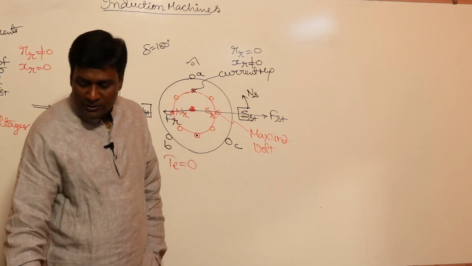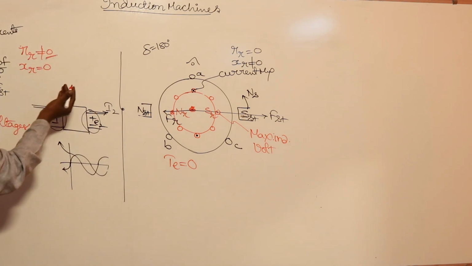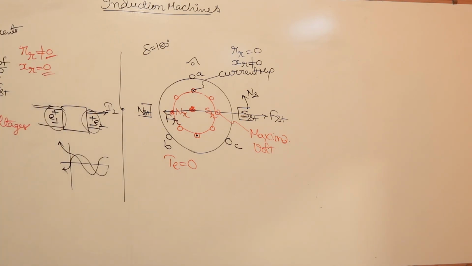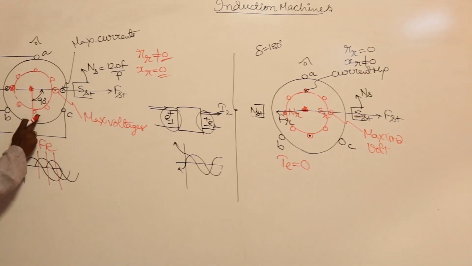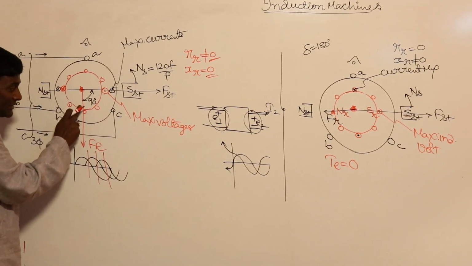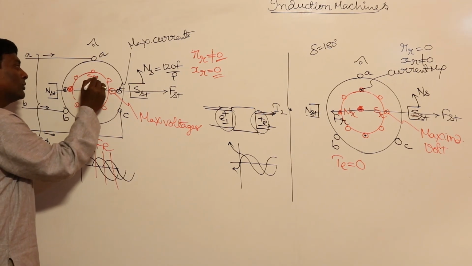Let us think of my previous session, where rotor resistance is non-zero, rotor resistance is there, reactance is not there. Now if you sit in the air gap, my rotor MMF is coming out of it. So this is going to be the north pole of the rotor, this is going to be the south pole of the rotor.